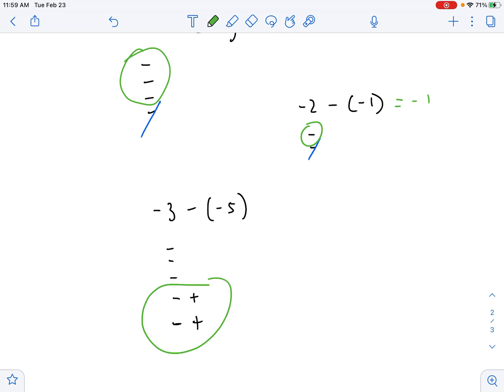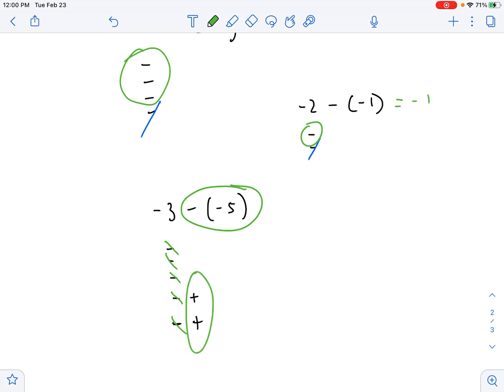I put 2 zero pairs on there, which means I added nothing and haven't changed the equation, but now I have 5 negatives to take away: 1, 2, 3, 4, 5, and I'm left with 2. That tells you and me that -3 minus -5 is +2.